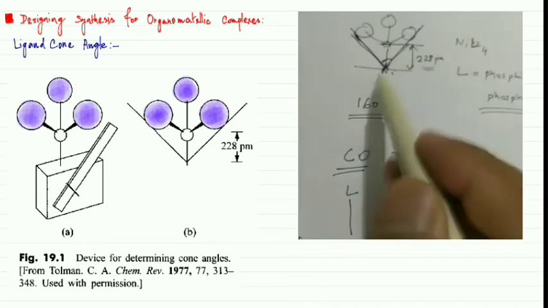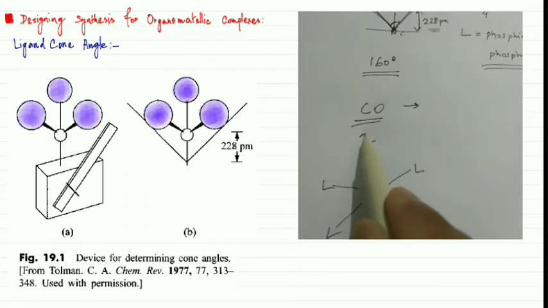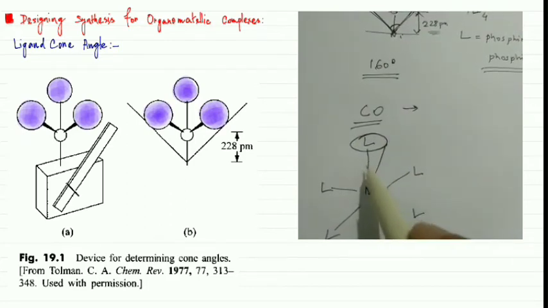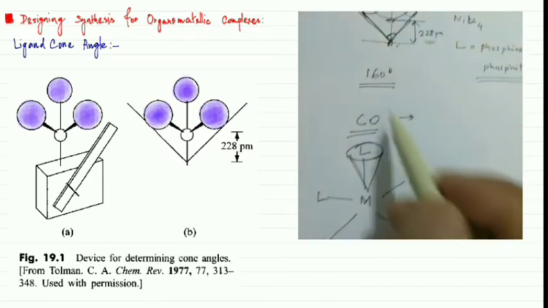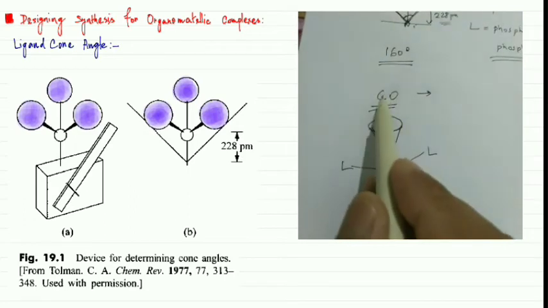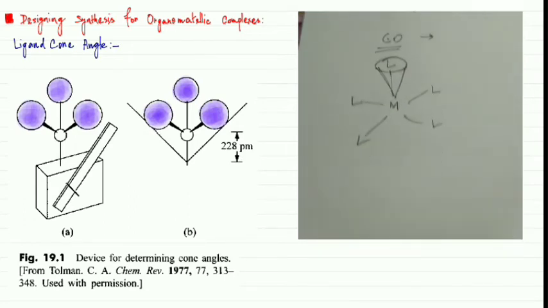Suppose this ligand is the phosphine. If the phosphine ligand makes an angle of 160 degrees or less to that metal, then this phosphine can replace a carbonyl ligand and form a stable complex.